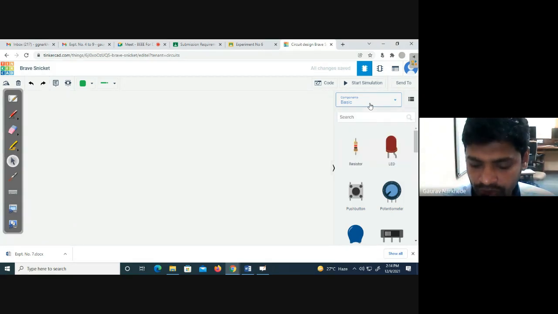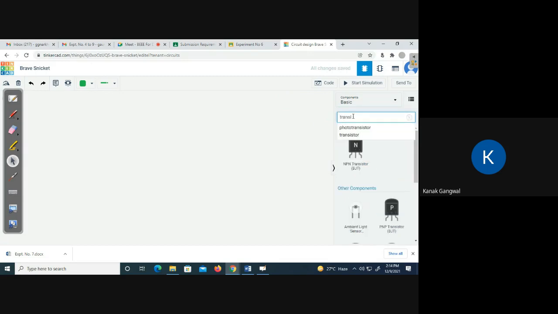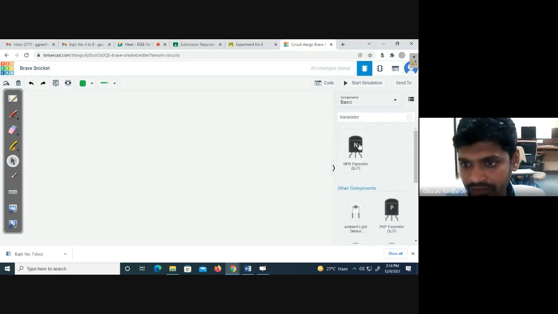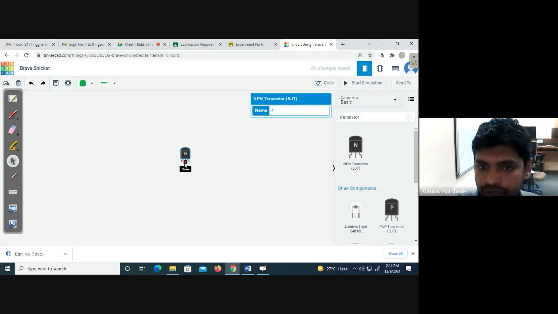So first of all, which is the main component we want? We want a BJT, this transistor. You can do it parallelly with me. Is it NPN or PNP? NPN. So this is your base, this is the collector, and this is the emitter.